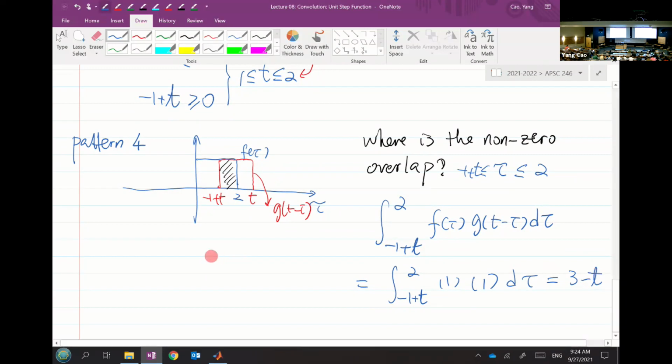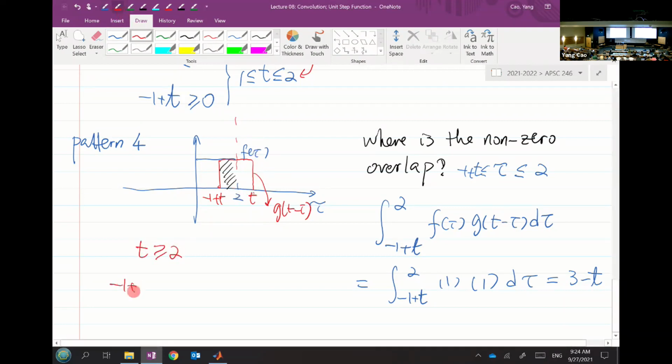So second part of the question: what range of t, or what value of t, gives you this current pattern of overlap? You compare the 2 edges of g of t minus tau with some reference. I think the important reference is this one here, 2, right? So you need this edge, t, to be more than 2.